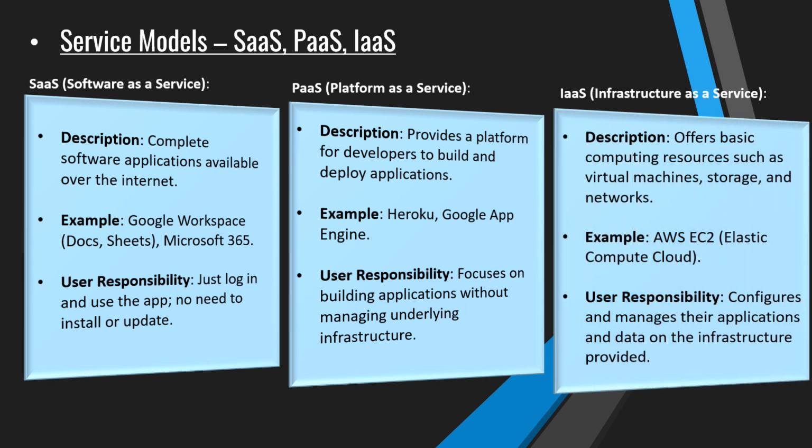Now, what is IaaS? IaaS stands for infrastructure as a service, offering basic computing resources such as virtual machines, storage, and network. Infrastructure as a service provides core resources like virtual machines and storage. It's for companies who want full control over their setup, similar to renting storage space and then organizing it to your liking.